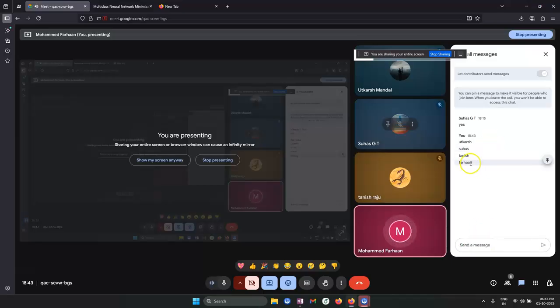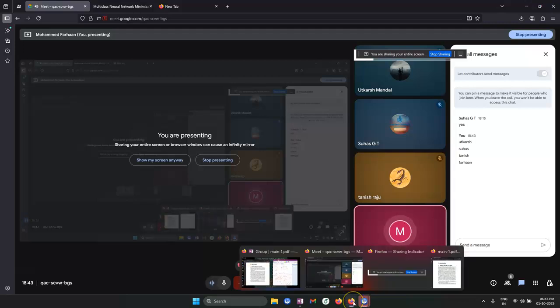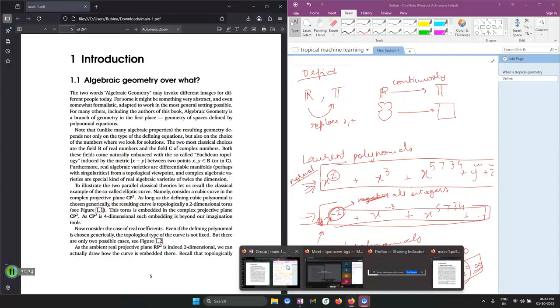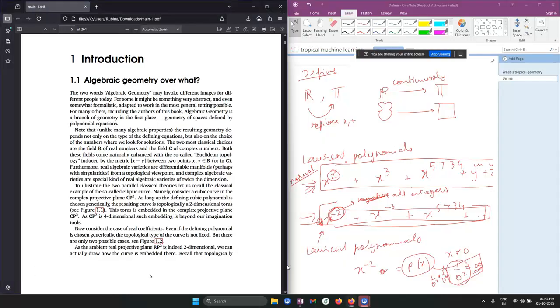So immediately after me, Utkarsh is going to come, then Suhas, then Tanish. And this is how we are generally going to conduct most of our studies. Are you guys comfortable with that? Yeah. Awesome. Okay. Cool.